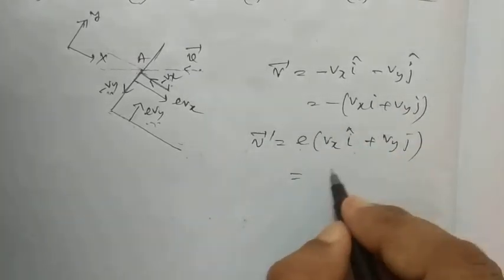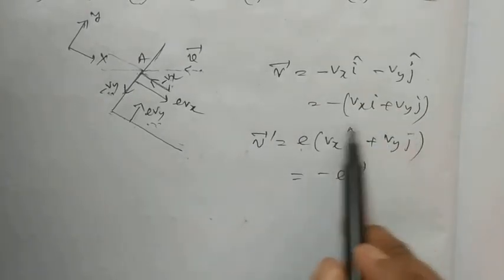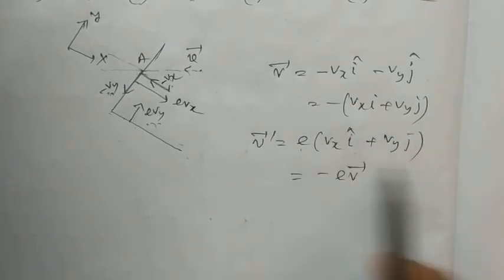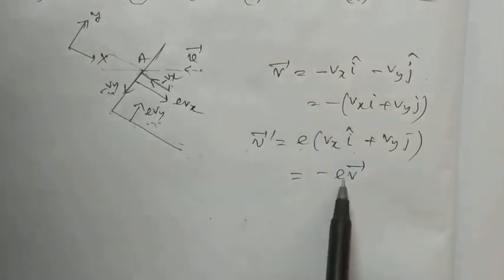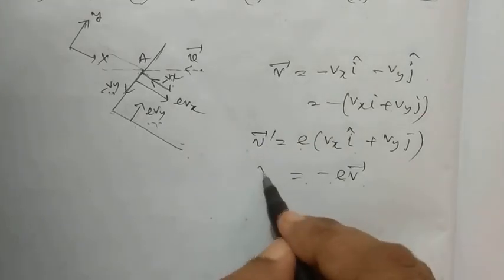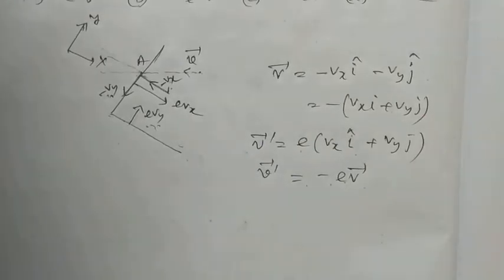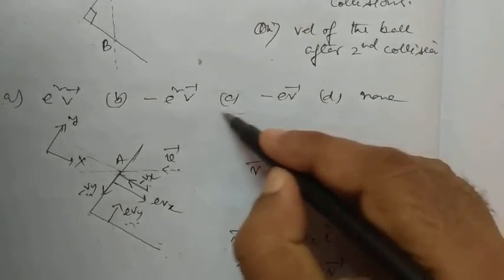So we can write it as minus eV, replacing the value of Vx i plus Vy j from the first equation, that is minus V, into the second equation. We get V dash is equal to minus e into V. So this is the value for the recoil velocity, minus eV. This one.